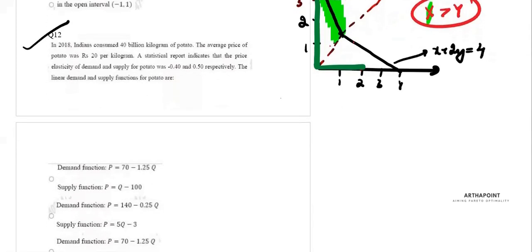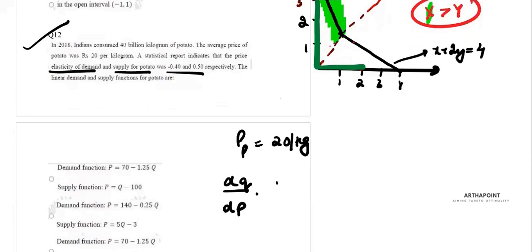In 2018, Indians consumed 40 billion kgs of potatoes. The average price of potato was rupees 20 per kg. A statistical report indicates that the price elasticity of demand and supply for potato was this. Price elasticity of demand means how quantity changes when price changes, times initial price by initial quantity.